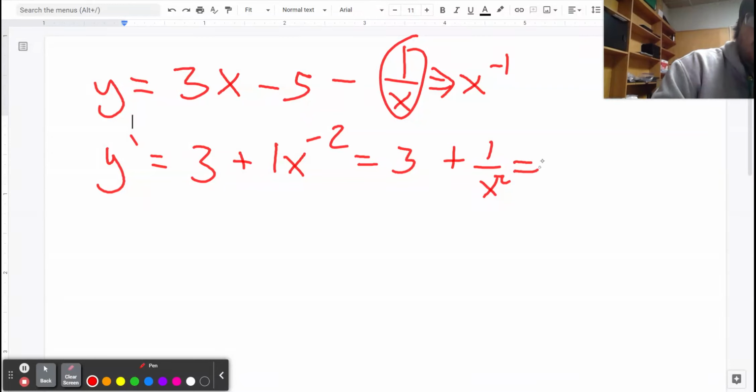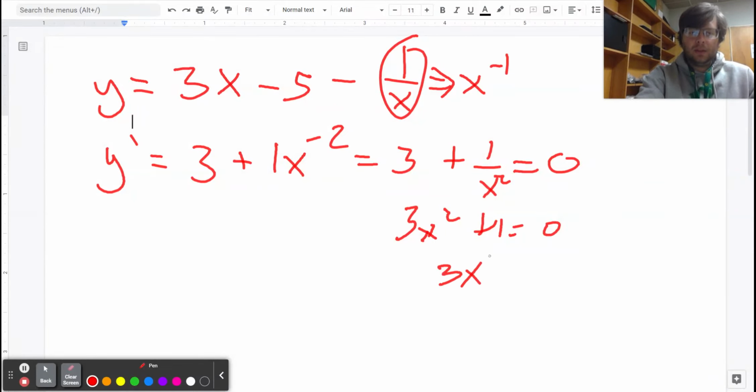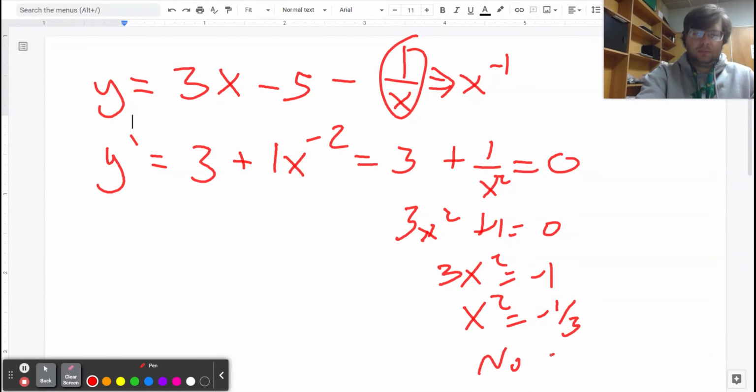If I want to make that equal to 0, I can multiply everything by x squared, and I get 3x squared plus 1 equals 0. That leaves me with 3x squared equals negative 1, x squared equals negative 1/3, which has no solutions.